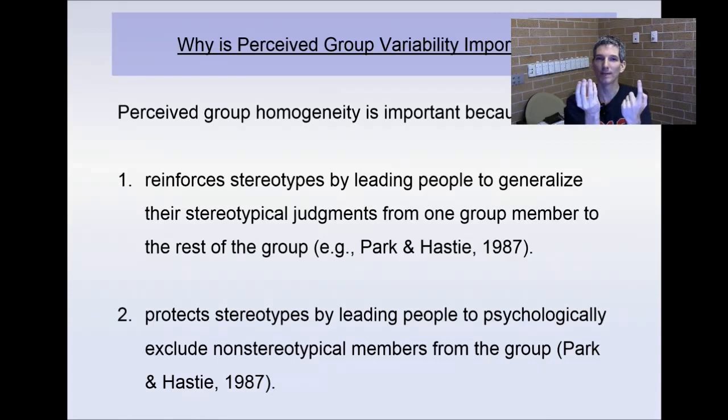If you have that belief, then someone sticks out and doesn't fulfill that belief, instead of changing the whole stereotype and making you think, well, perhaps they're not all so reserved, you might hold on to that stereotype and just subtype poor Elton as some kind of a crazy English rock star.